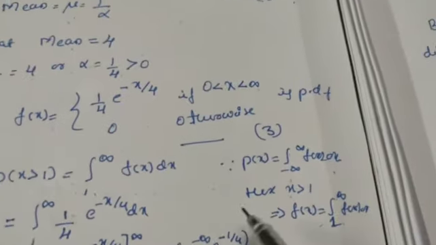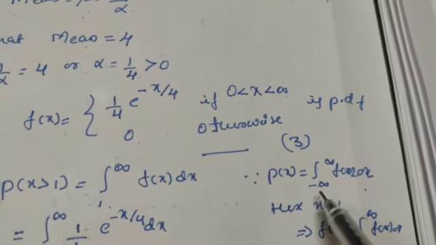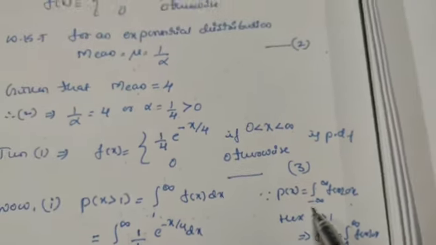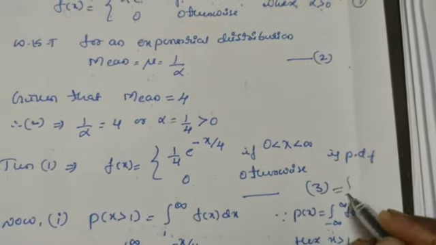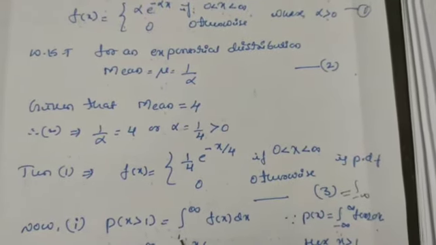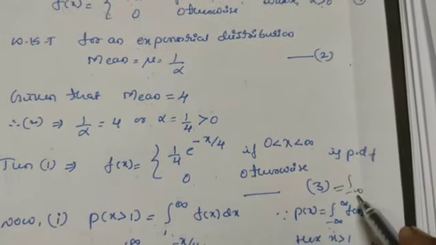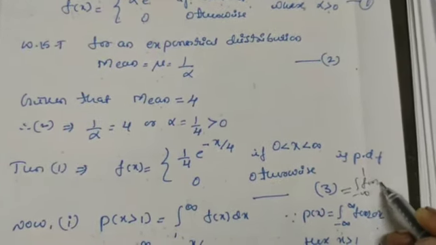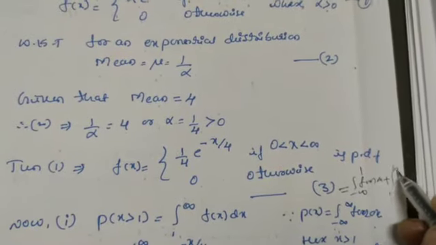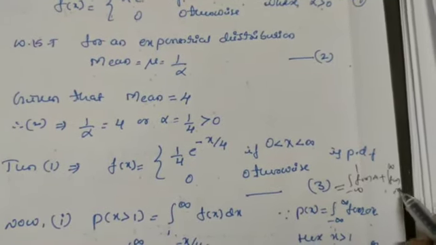Otherwise, as we have done in last videos, integration from minus infinity to plus infinity can also be written as minus infinity to 1 f of x dx plus 1 to infinity f of x dx.